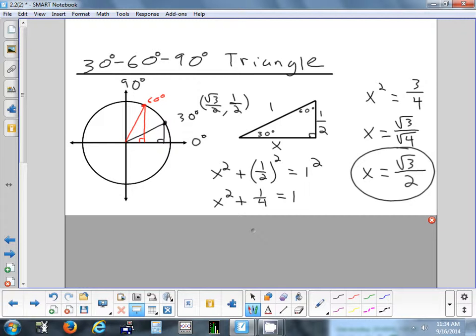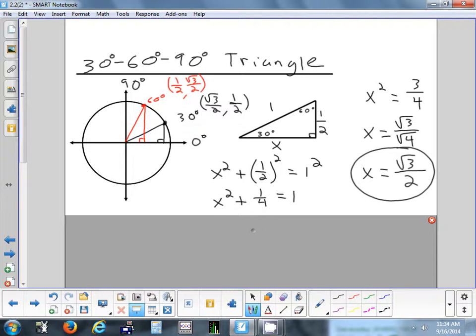Any thought what the coordinate for 60 degrees would be? 1/2. Because now the shorter side is x. And what about the height? Square root of 3 over 2. Right, now the long side is the height. And that's the coordinate for 60.